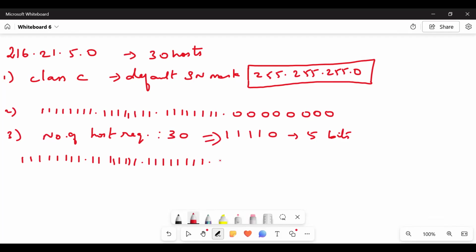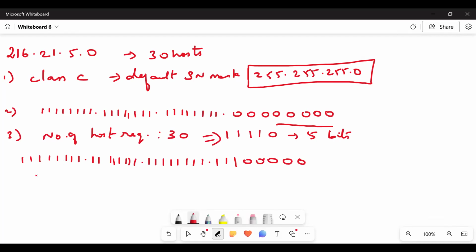And here the last 5 bits we need to reserve. So last 5 bits means 1, 2, 3, 4, 5. Up to this we need to reserve. So 3 bits we can change to 1. Okay. So now this is going to be our new subnet mask.